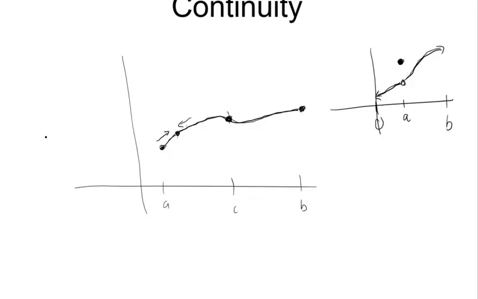But it's not continuous because the limit's down here, the function's up here. So that means it would not be continuous by the formal definition. Informally, there's a jump in the graph. Formally, the limit as x approaches a does not equal f of a. So therefore it's not continuous.